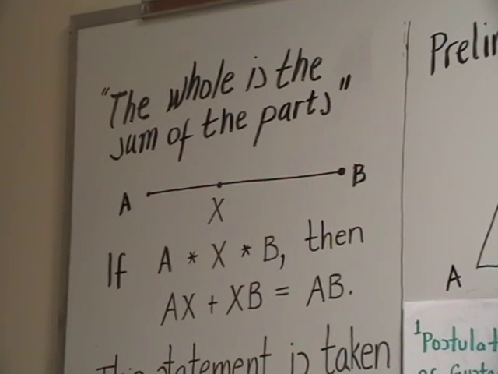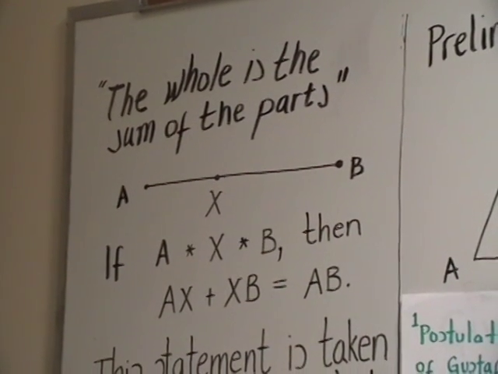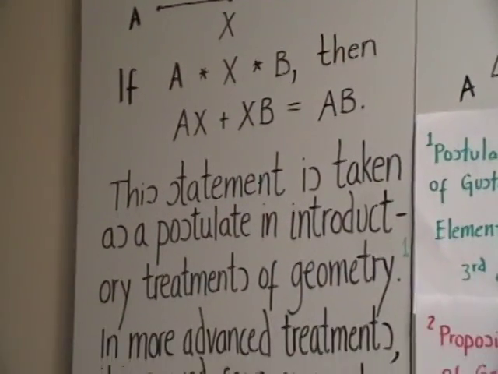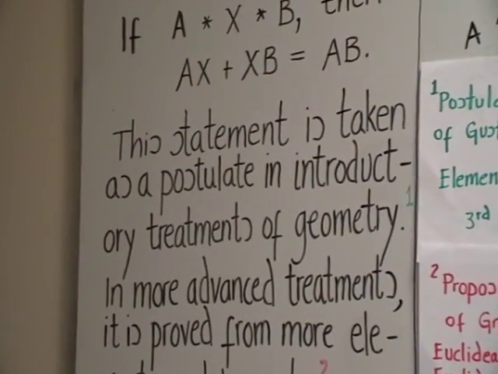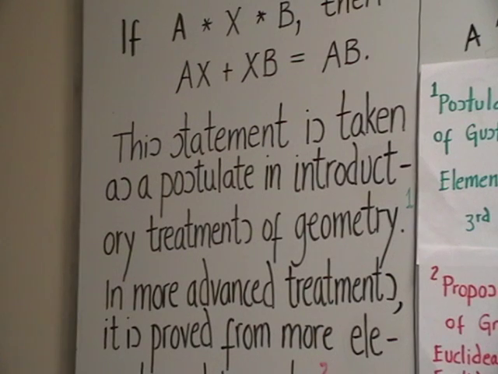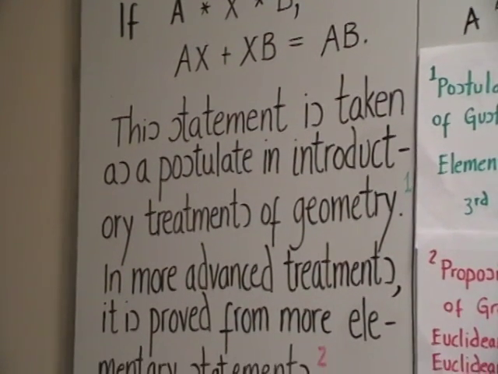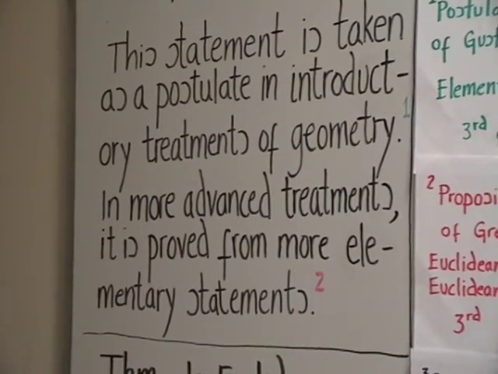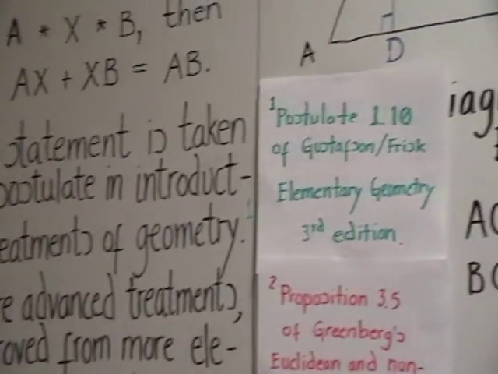The length of segment AX plus the length of segment XB is the same as the length of the whole segment AB. Here is some remark about that statement. It is taken as a postulate in introductory treatments of geometry. In more advanced treatments of geometry, it is proved from more elementary statements.